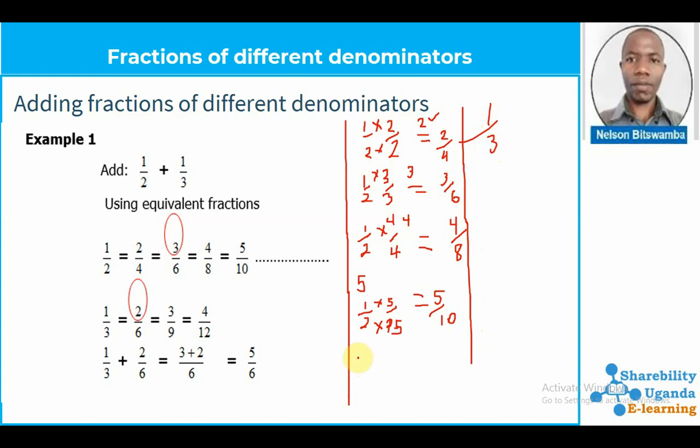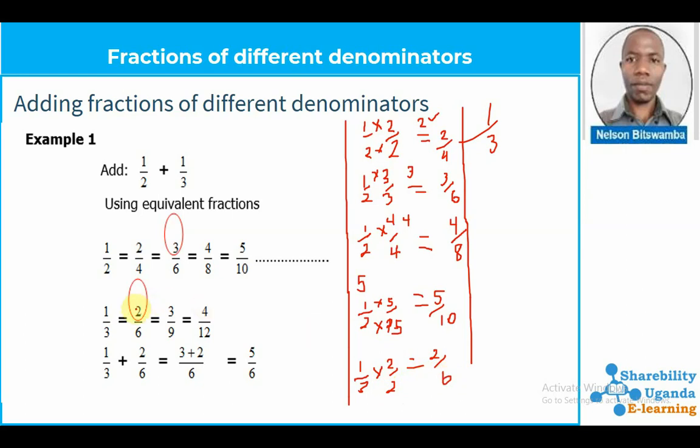We are going to start with 1 out of 3. We are going to use our 2 times 2, like the way we have been using the other one. So here, what is 1 times 2? We shall get our 2 out of 6.